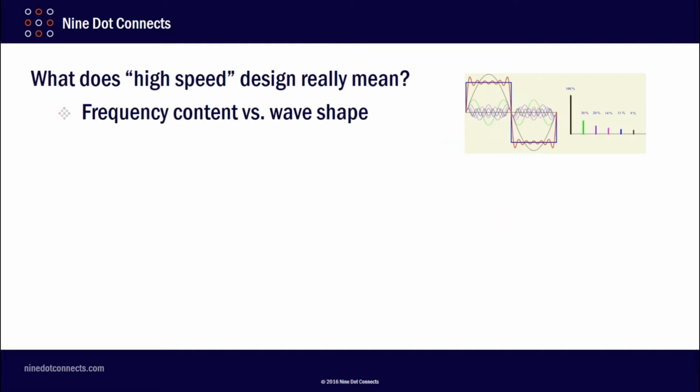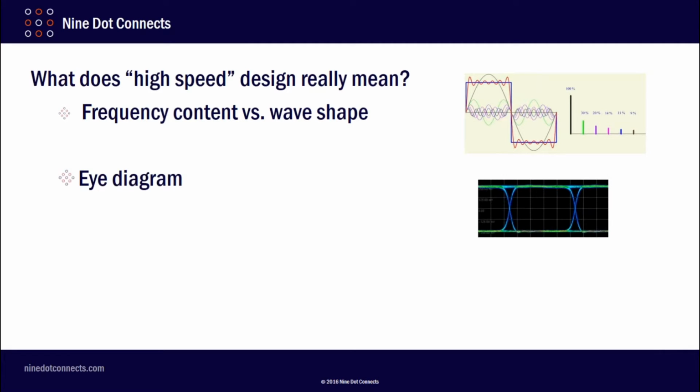So what do we mean by high-speed design? We mean that we're talking about frequency content versus wave shape. We went pretty detailed in the fact that a Fourier series talks about you needing the 3rd, 5th, and 7th harmonic of that fundamental frequency in order to get a nice square wave. And if you have that frequency content, then you have a nice eye diagram.